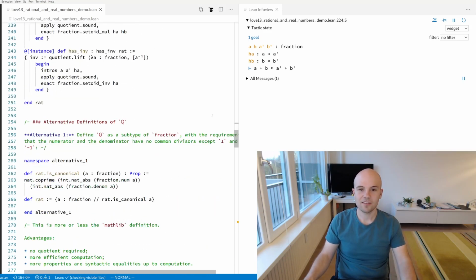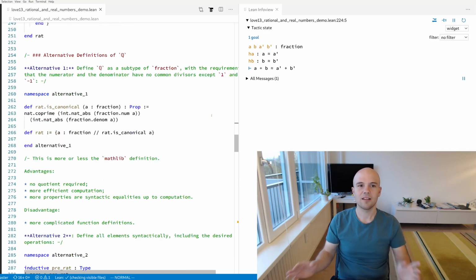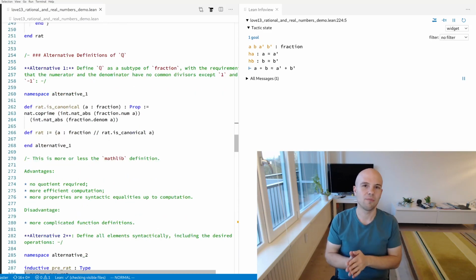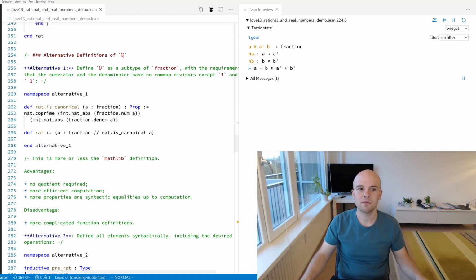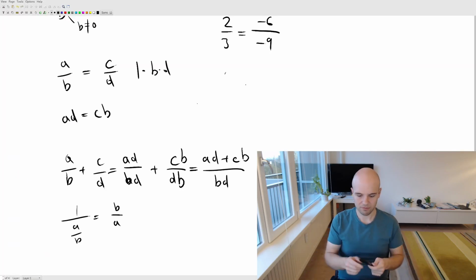Good. So just as for integers, using a quotient is not the only possible way to define rational numbers. We can also use subtypes, where we say that some fractions are canonical. For example, we might require the fraction to be fully reduced.